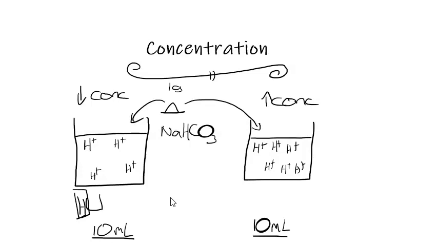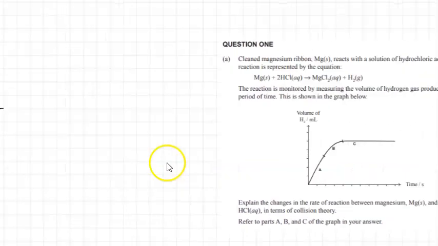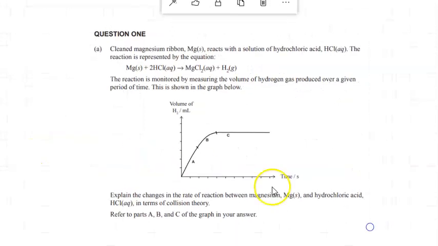This one would have less collisions per second because there are less hydrogen ions moving around in the solution, whereas this one would have a greater frequency of collisions because there are more hydrogen particles moving around in that solution. So that's basically it, and then it's learning how to write an exam answer.